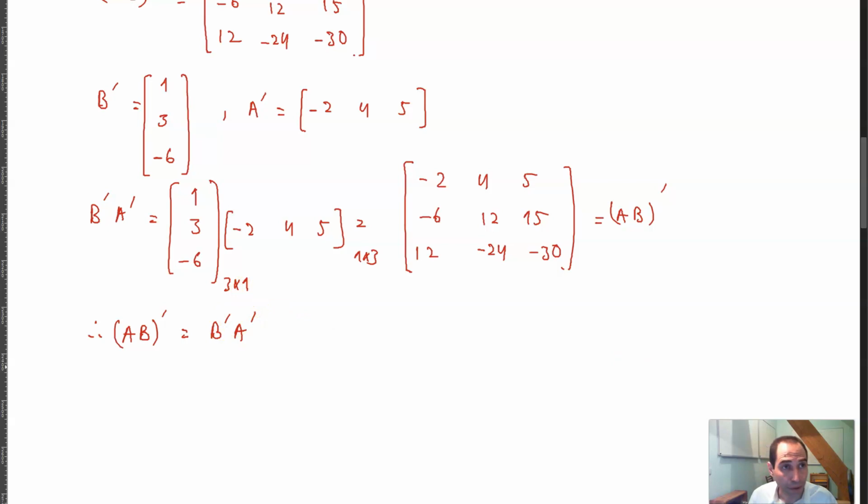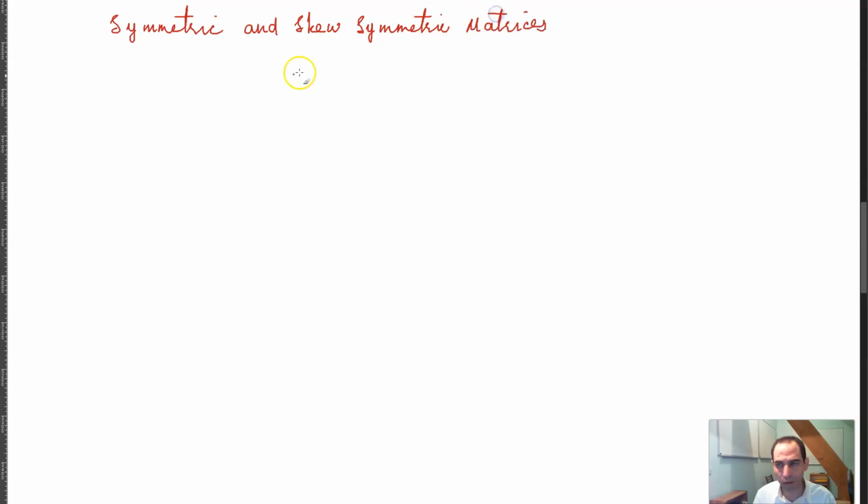Now the next thing that we have here is symmetric and skew symmetric matrices. As a definition 4, we have a square matrix.